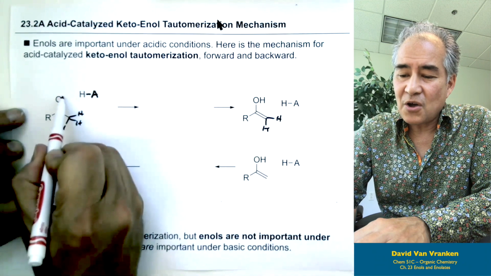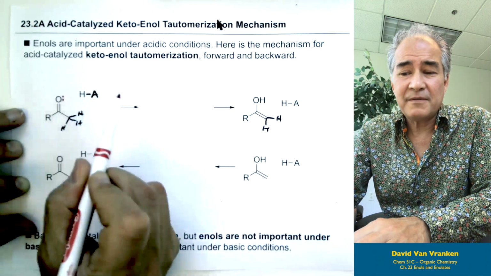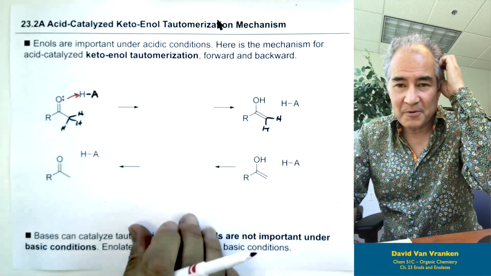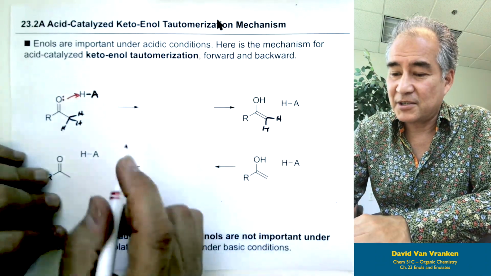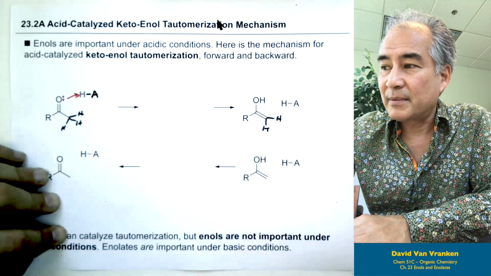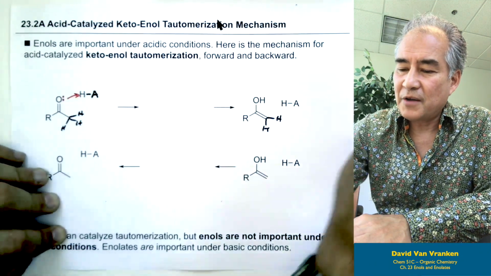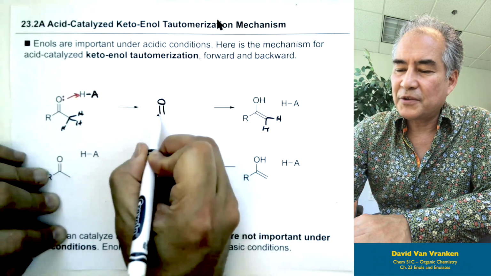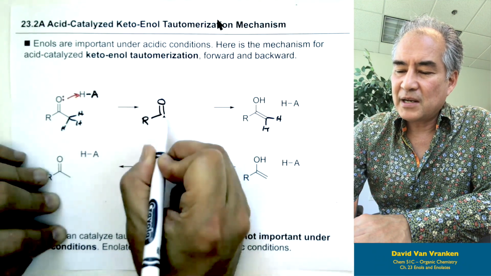The mechanism starts off with protonation of the carbonyl. You already know you can protonate a carbonyl. That's the mechanism for the reaction. You don't have to generate a high equilibrium amount of this protonated species in solution. Let's go ahead and draw out that protonated carbonyl.